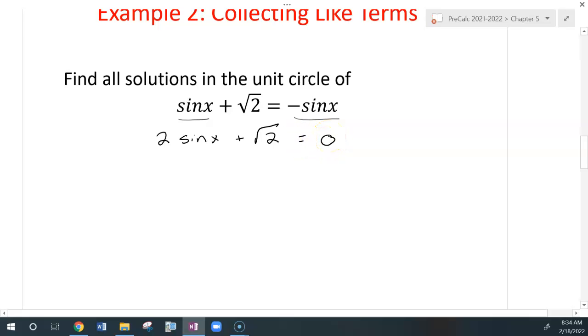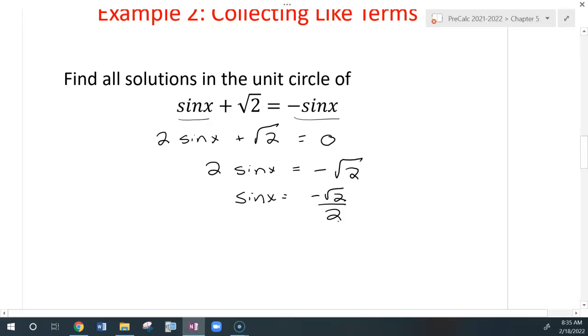And now I'm going to subtract square root of 2 from both sides. So 2 sine of x equals negative square root of 2. And then divide both sides by 2. So sine of x equals negative root 2 over 2.